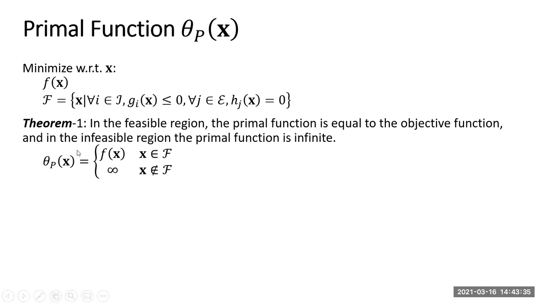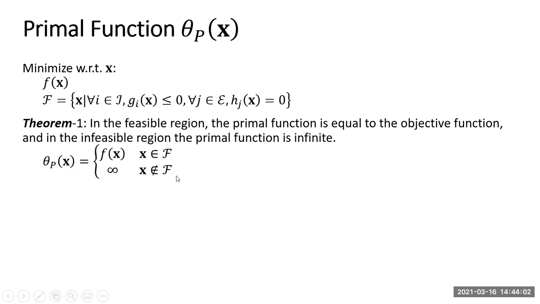So theta p of x, when x is in the feasible region, that is, it satisfies all the inequality and equality constraints, then theta p of x is equal to f(x) when x belongs to the feasible region. Otherwise, theta p of x is infinity when x does not belong to F.